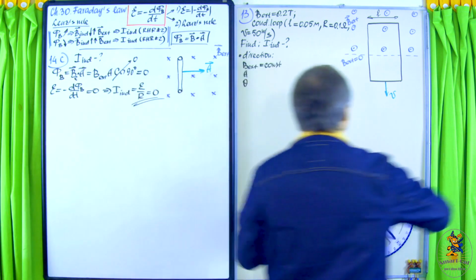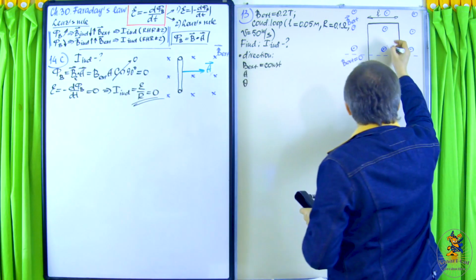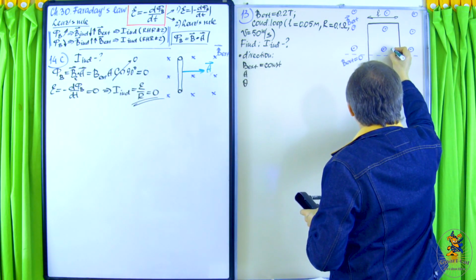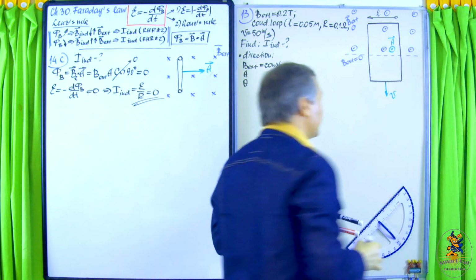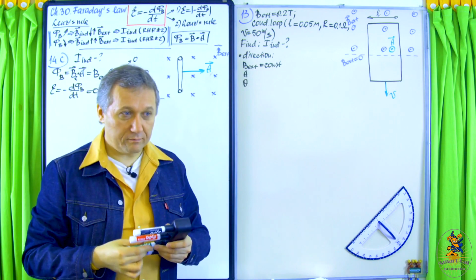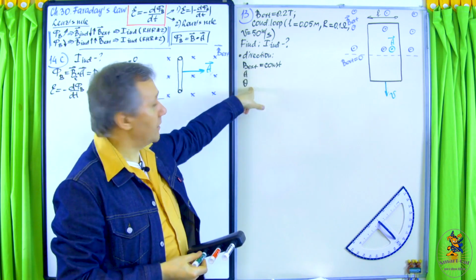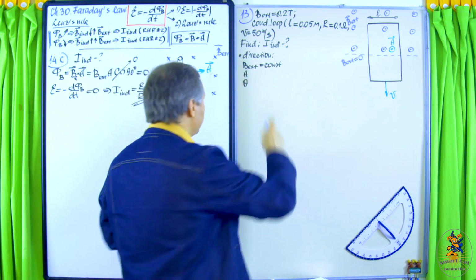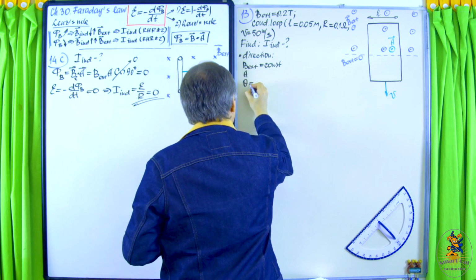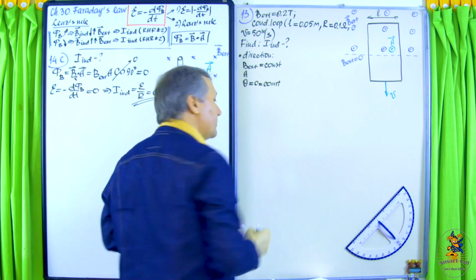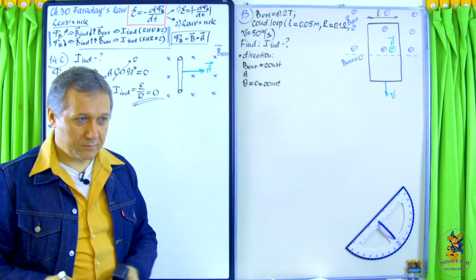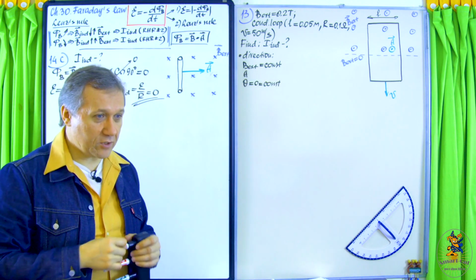B is out, so my area vector A will also be out. You see the green dot means out. In that case, the angle is 0 because we have two parallel vectors. But anyway, it's constant. It doesn't change our flux.